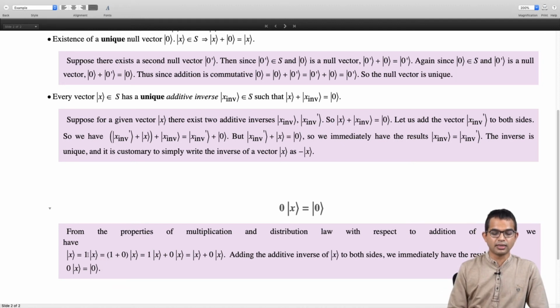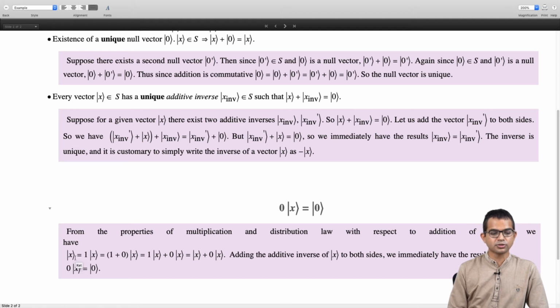But what is 1? 1 is the same as 1 plus 0, right? This is the addition of scalars, 1 plus 0. And then we have this distributive law, 1 plus 0 times x is the same as 1 times x plus 0 times x, and then which is the same as, again we use this rule that 1 times the vector x is equal to x, and then you have plus 0 times x.